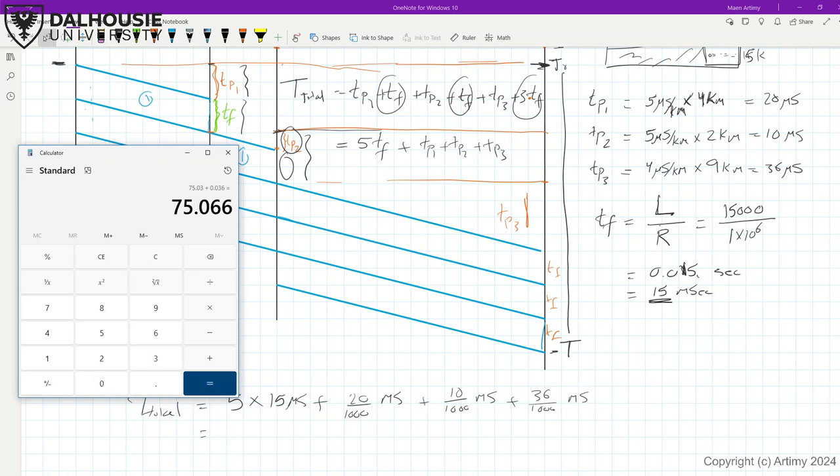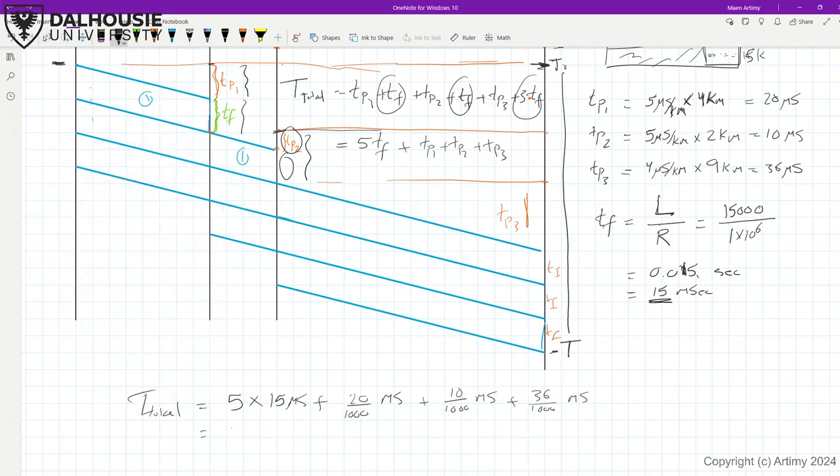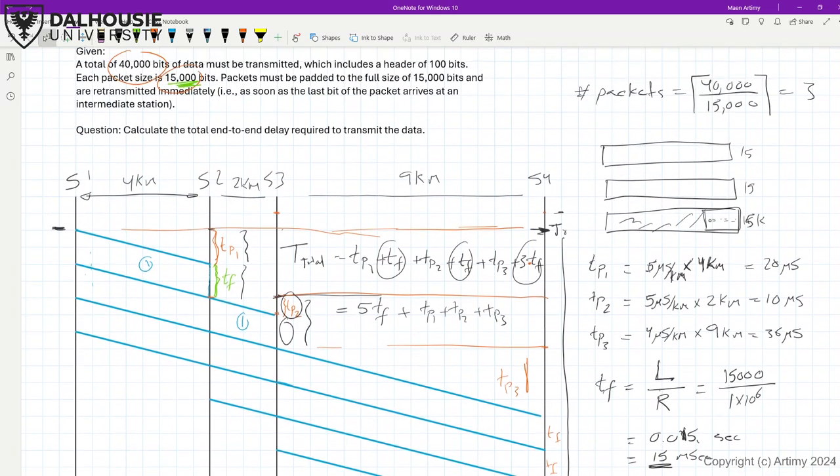So it's 75.066 milliseconds. That's the total time. All right, so that's the answer.